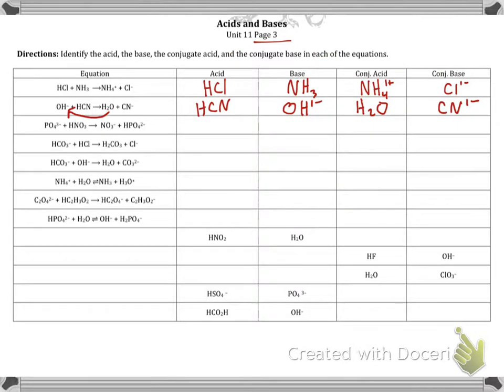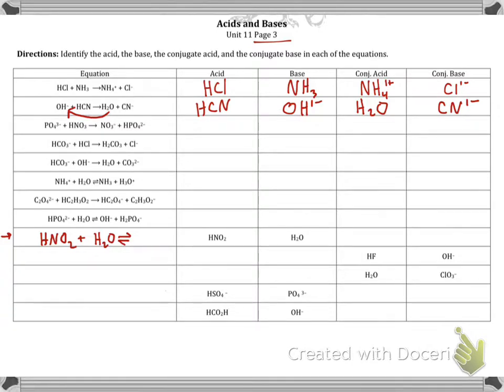Okay, let's go ahead and skip down to this problem here. And let's go ahead and talk about how we do this. Well, this is already telling us what is the acid. It's saying that the acid is HNO2, which is nitrous acid. And it's telling us that the base is the water. Now again, an acid is something that loses a hydrogen, and a base is something that gains a hydrogen.